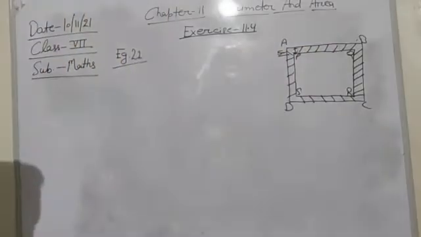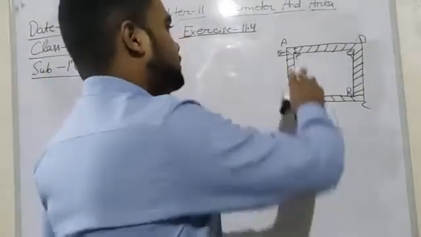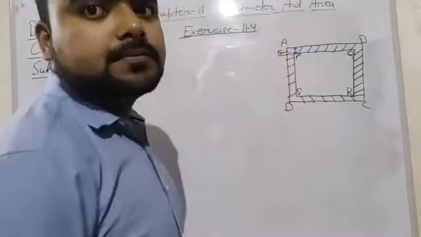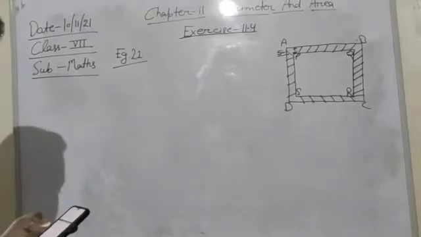Okay, and the question is that a path of 5 meter width runs along inside a square path.